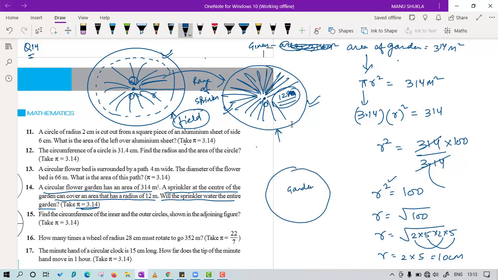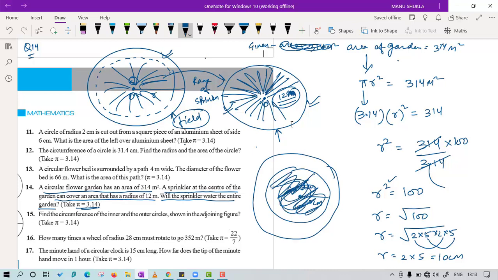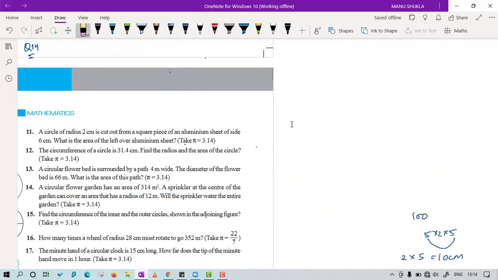This is your garden whose radius is 10 meter. If you keep the sprinkler over here, automatically it can cover till 12. So obviously it can irrigate your garden. So yes, you can say the sprinkler can water the entire garden very easily. That is the answer. Okay.